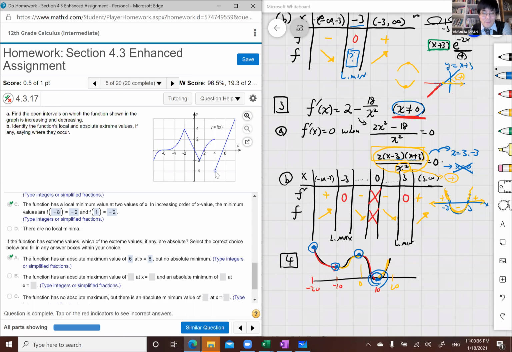And in this case, because the bottom point here is an open circle, you really cannot have a smallest y value in the graph. If this were a black point, if this point were included, that would be the absolute minimum. But since this is open, you do not have the smallest possible y value. So there's no absolute minimum.